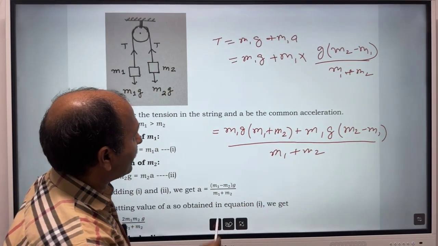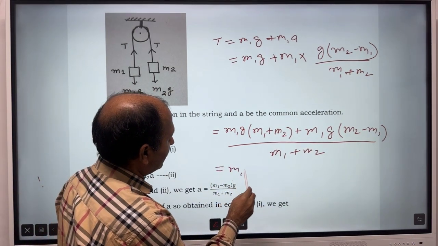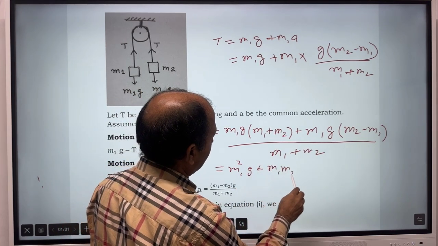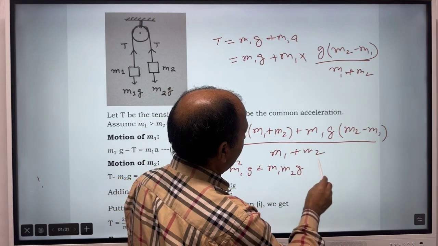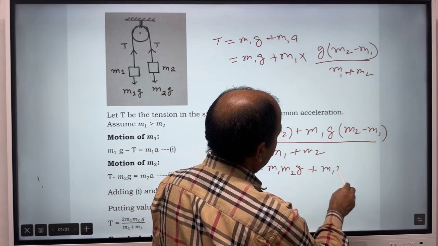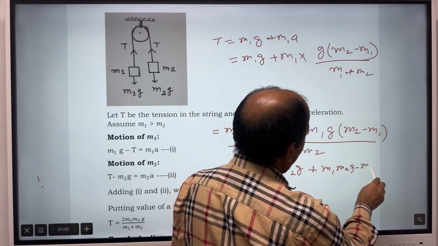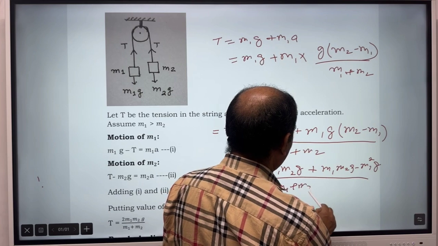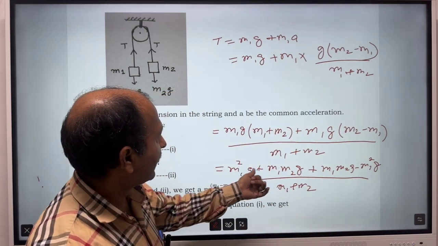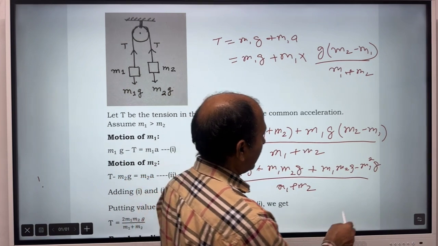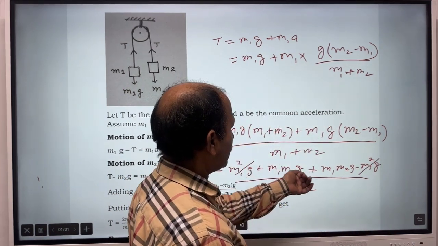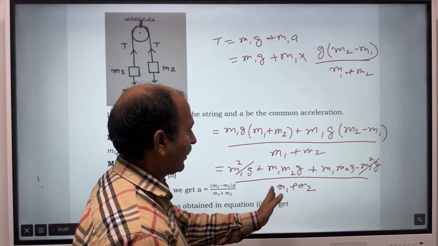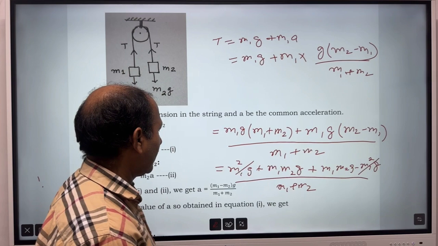Now, if you open the bracket, what do you get? m1 square g plus m1 m2 g plus m1 m2 g minus m1 square g, whole divided by (m1 plus m2). What do you observe? Here, the m1 square g term will get cancelled, and m1 m2 g, m1 m2 g, so twice m1 m2 g divided by (m1 plus m2). So that is our answer.